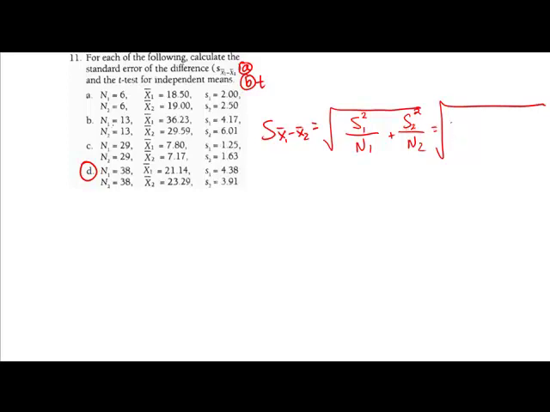So S1 is 4.38. We're going to end up squaring that and then dividing that number by 38 plus, oops, where did I get that number from? Oh, there we go. Sorry, we're looking at this one. The next one is 3.91 squared divided by 38 as well.